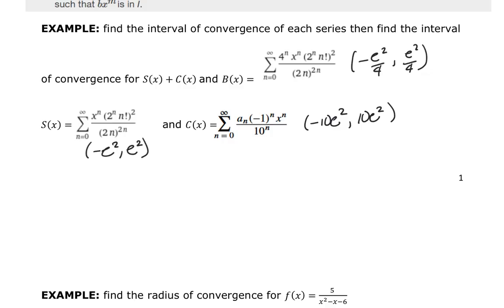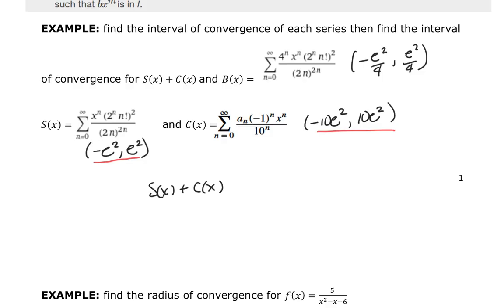So if I were to add s of x and c of x, I've got to have the interval of convergence that is satisfied for both of these two parts. Now you can see that this is smaller than this because they both have e squared. But 10 times e squared is a larger number than just e squared.